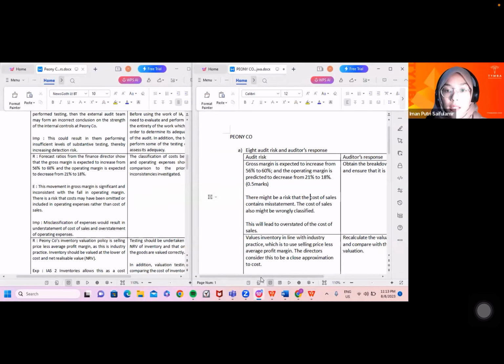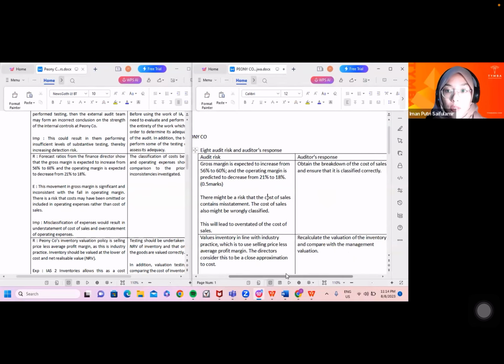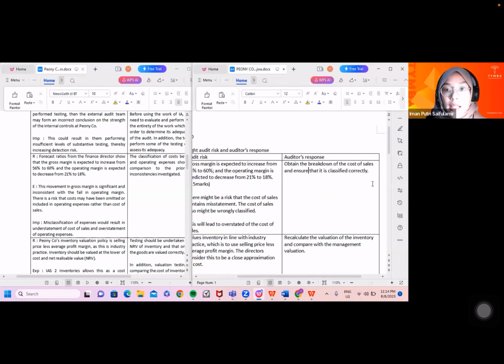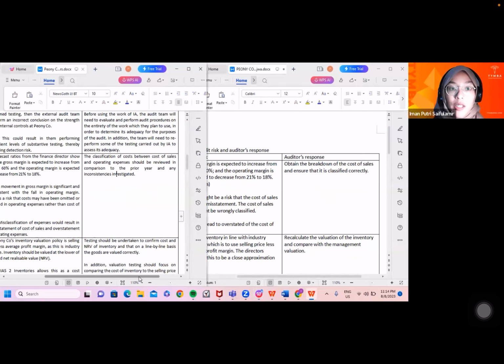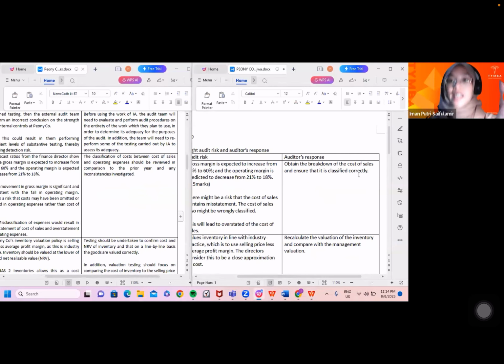Obtain the breakdown of the cost of sales and ensure that it is classified correctly. So this is actually correct already. You used my technique, and you obtained a breakdown of the cost and ensured that it is classified correctly. However, you didn't state the operating cost. That is the missing link here, so I will also give this 0.5 marks. How can we correct this?